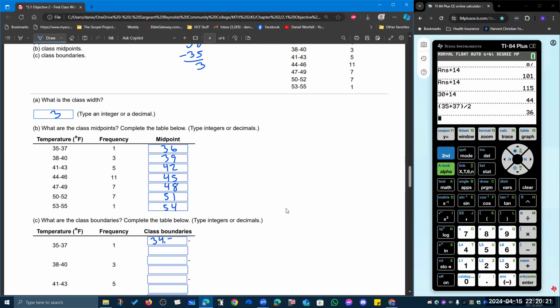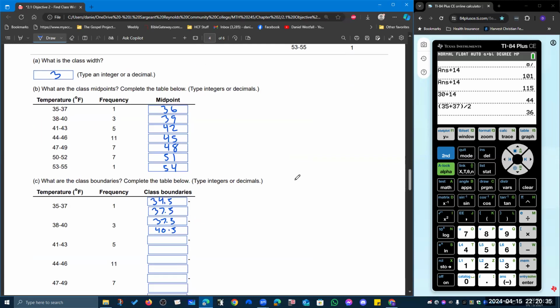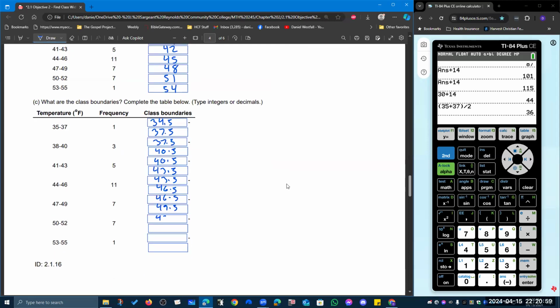So this is going to be 34.5 to 37.5, 37.5 to 40.5, 40.5 to 43.5, 43.5 to 46.5, 46.5 to 49.5, 49.5 to 52.5, and 52.5 to 55.5.